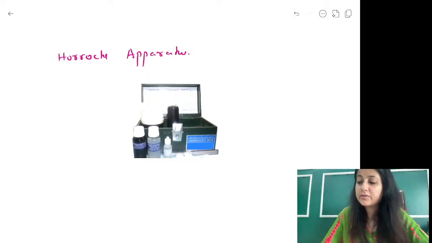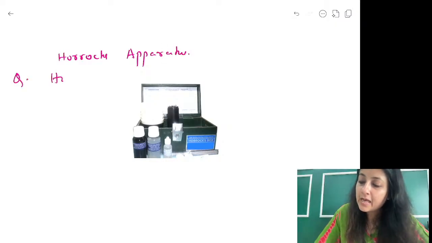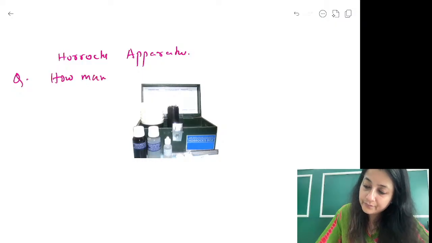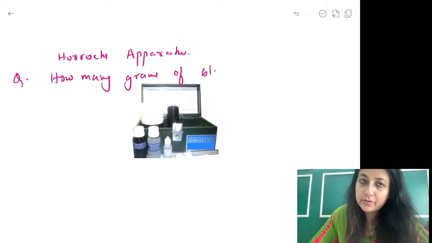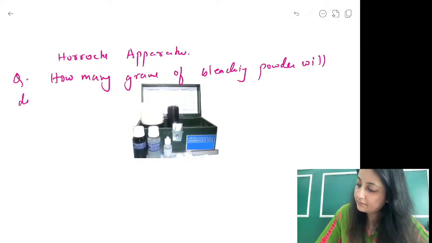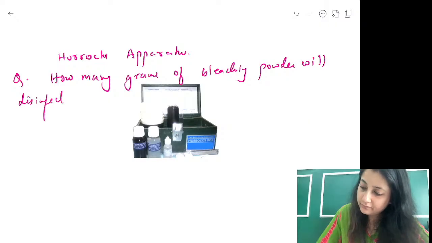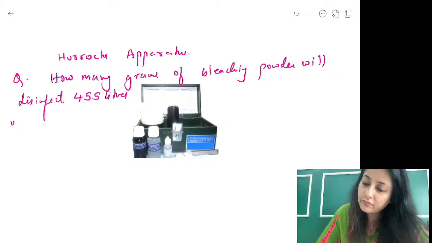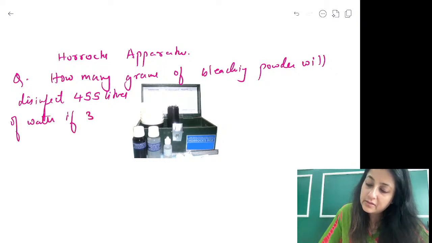I am giving you a question. How many grams of bleaching powder will disinfect 455 liters of water if the third cup is the first cup to show color change?